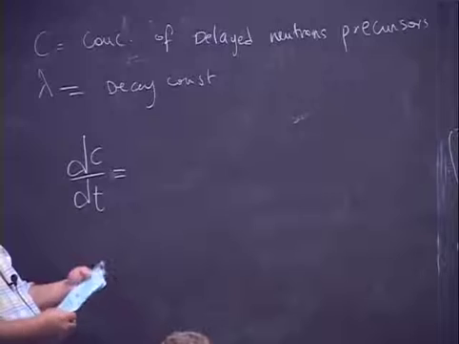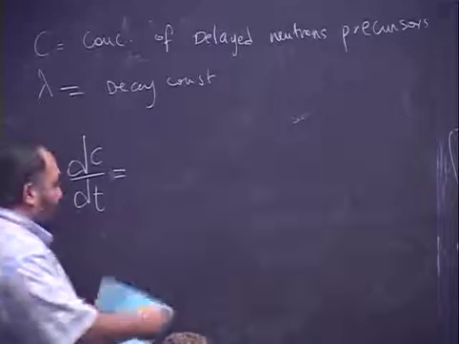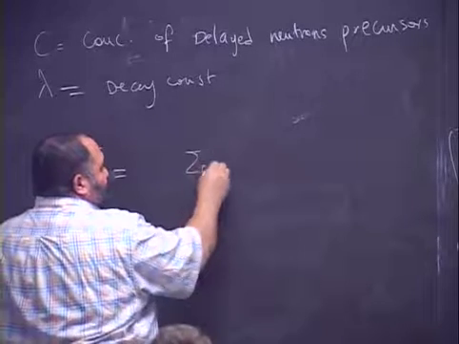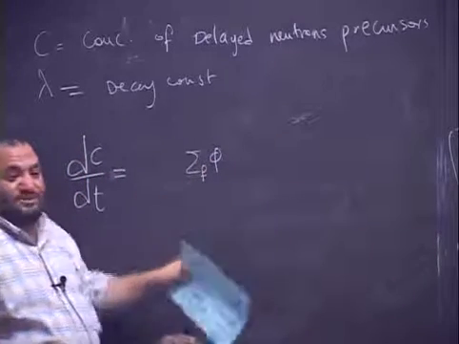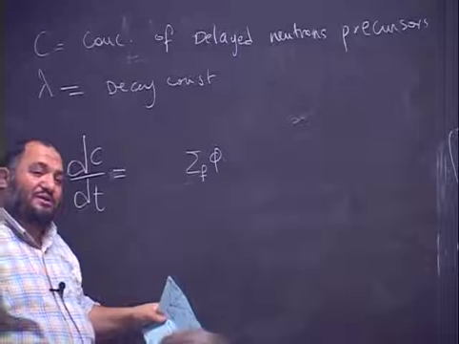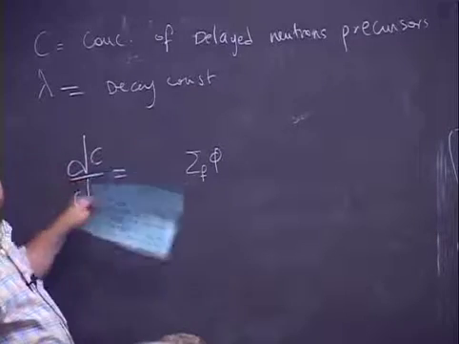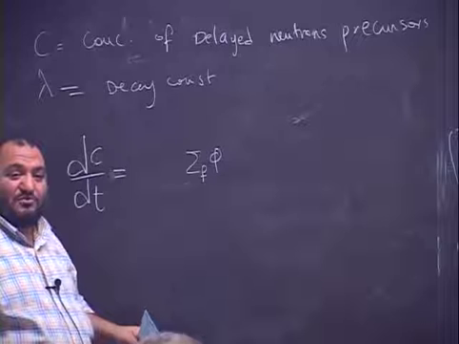They are produced from the fission. So what's the total number of fissions? Sigma fission phi. Yes? Sigma fission phi is the total number of fissions per second per centimeter cube. But this is not the total number of delayed neutrons.